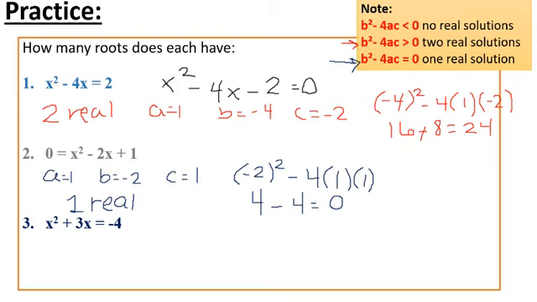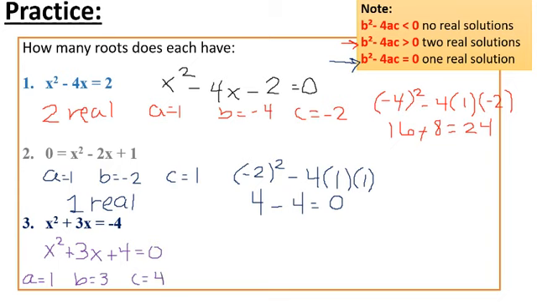So lastly, x squared plus 3x equals negative 4. Again, this one does not equal 0, so it's not in standard form. So let's add 4 to both sides to get it into standard form. So this would be x squared plus 3x plus 4 equals 0. So now I know my a equals 1, b is 3, and my c is 4.